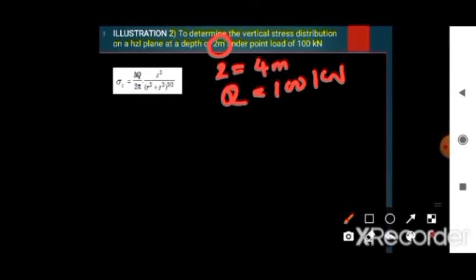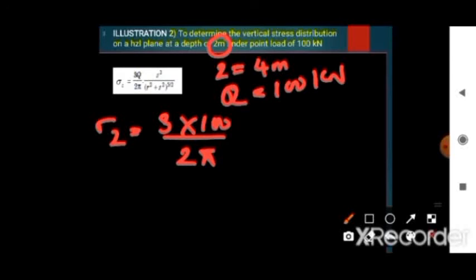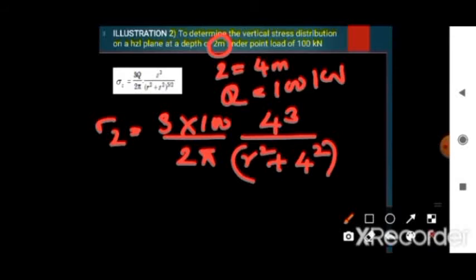If we substitute these values, the equation becomes sigma z equal to 3 into 100 divided by 2 pi into z cube, so 4 cube, divided by r square plus 4 square to the power of 5 by 2.